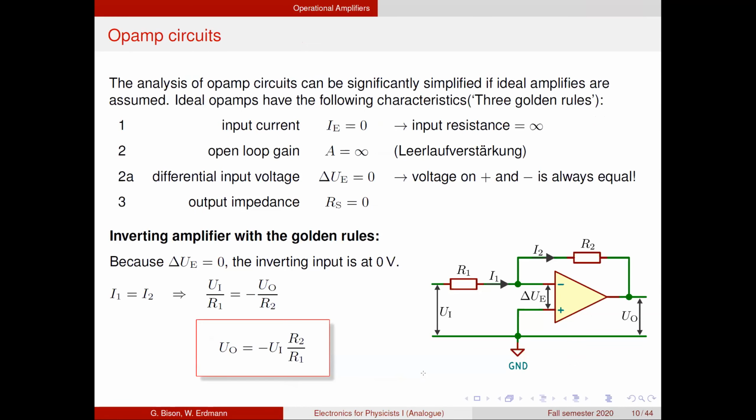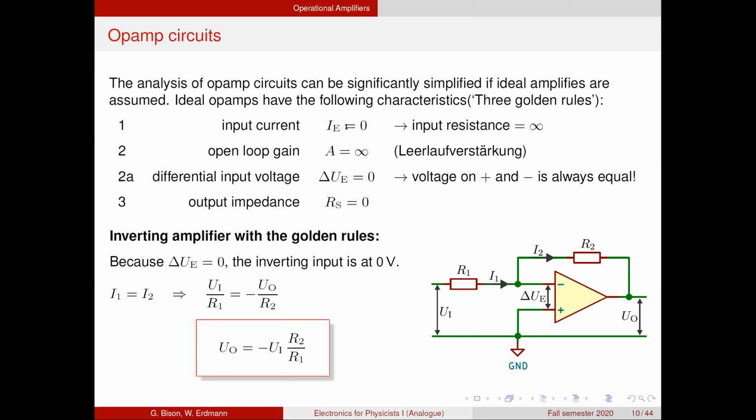Okay, so we went through a bit of calculations in order to see what the characteristics of op-amps are. And of course, this now culminates into the 3 golden rules. Rule number 1 is that the input current is 0, so a large input resistance. This is simply given by the design of the amplifier.